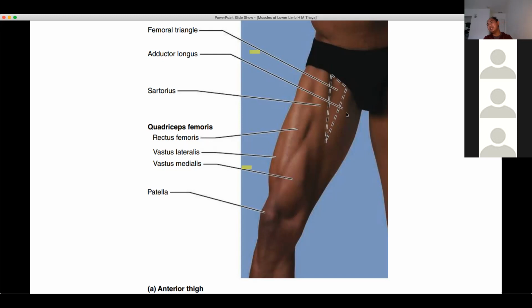And this is the adductor group, adductor longus, we can see. And there we have now created a little triangle, which is bounded by the sartorius, the adductor longus, and the inguinal ligament. This is what we call the femoral triangle. The triangle in the groin, the femoral triangle.